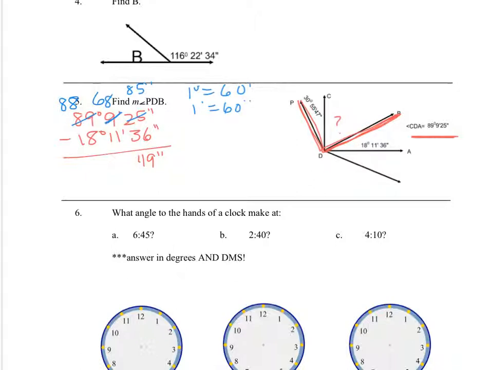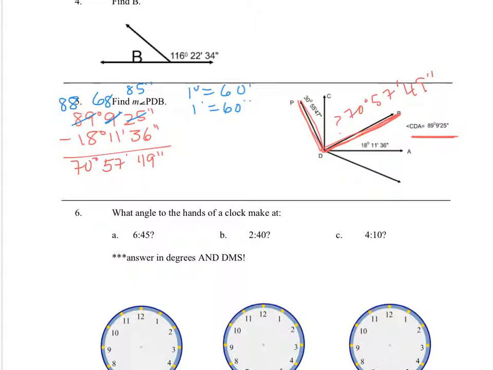So 68 minus 11 is 57 minutes. And 89 minus 18 is 70 degrees. Okay, so now we have the measure of this angle here, 70 degrees, 57 minutes, 49 seconds.